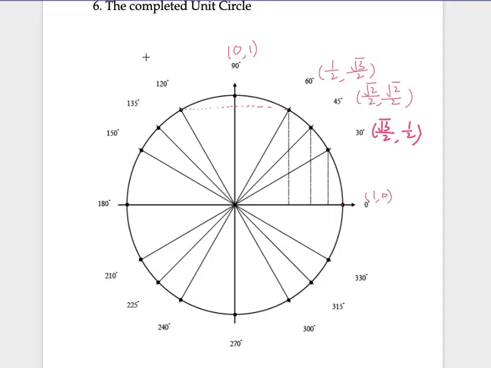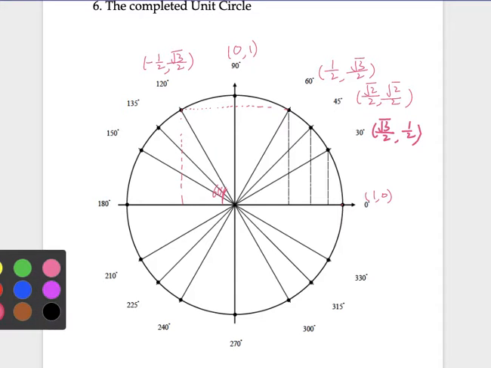The only difference is it's going to be negative 1 over 2 and radical 3 over 2. This is why we mentioned before that the reference angle for 120 is 60 degrees, because if you look at this triangle here, you will notice this is 60 degrees. Remember? See, everything is connected. Why do we mention reference angle? Because we can use this angle to define the coordinates of this one.